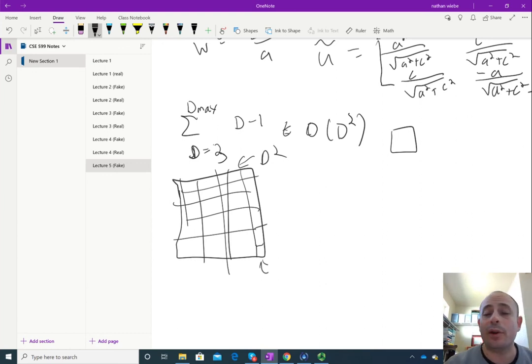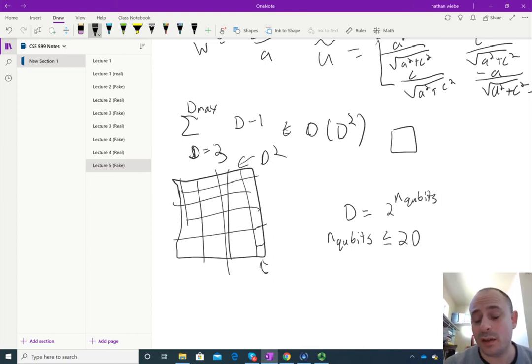The final thing that I want to mention is, again, what is D? D over here is the dimension of the matrix, which is 2 to the number of qubits. So this exact synthesis method could realistically be done for n qubits less than or equal to about 20.